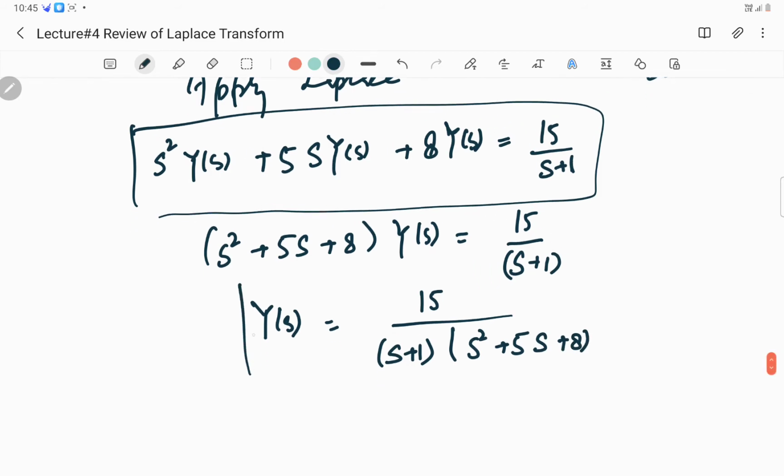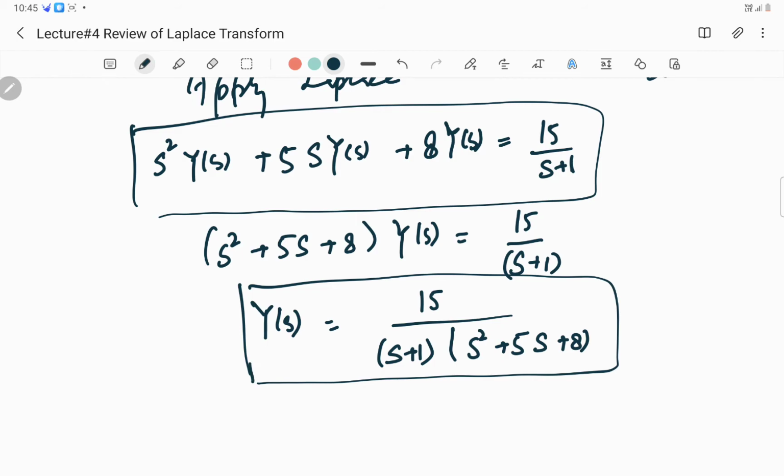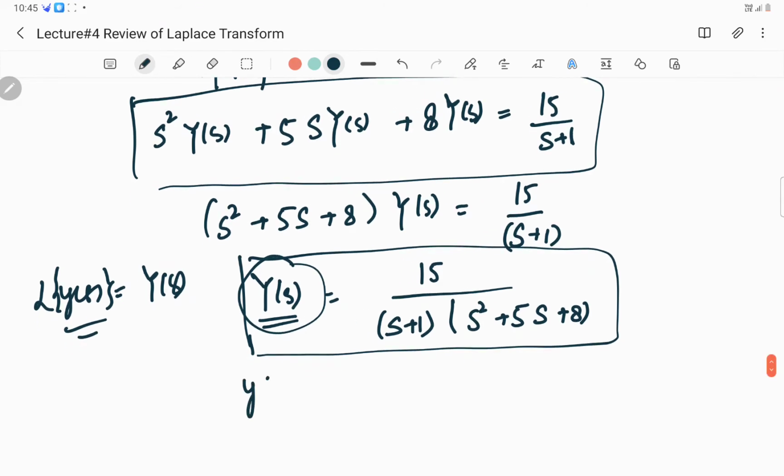So this is our Y(s), the Laplace of y(t). So we are able to find the Laplace of the output. In order to find y(t) in time domain, we need to take the inverse Laplace of Y(s). So that's how it makes things simple.